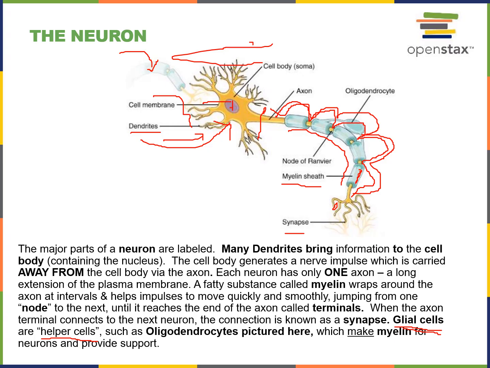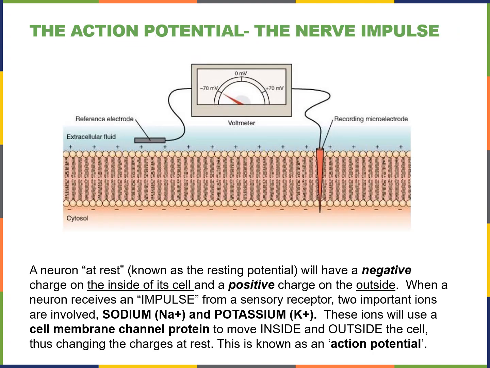So let's take a look then at how an action potential is generated. So now we have to talk about ions, and we have to talk about an electrical current. So when a neuron is not transmitting a nerve impulse, the action potential, right? That's the correct term, the action potential. It is called a neuron at rest.